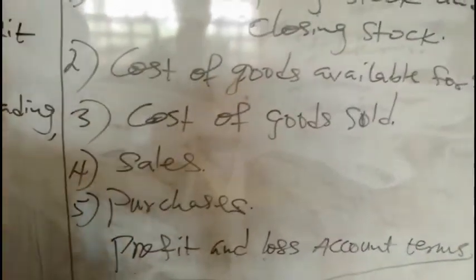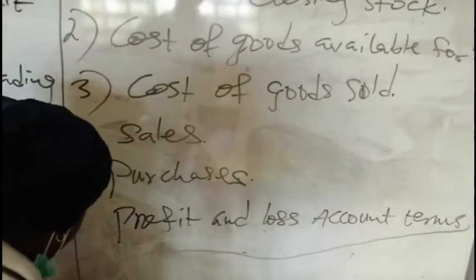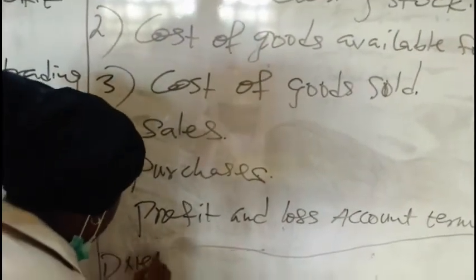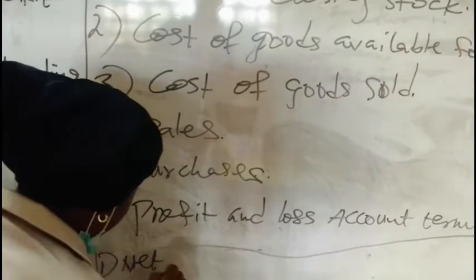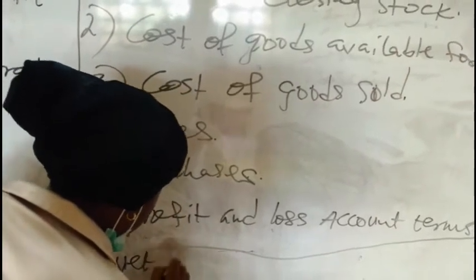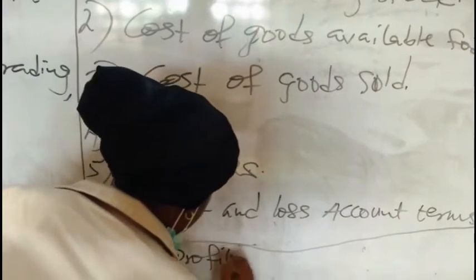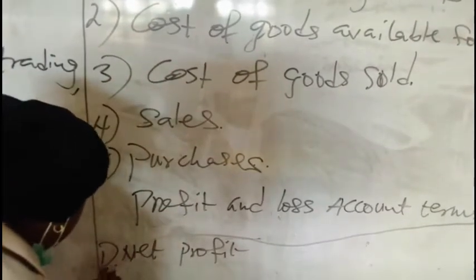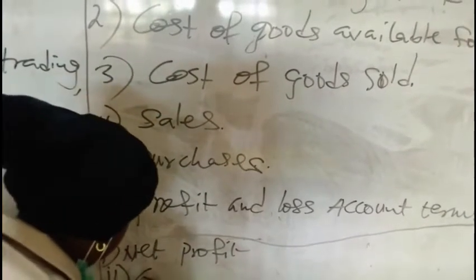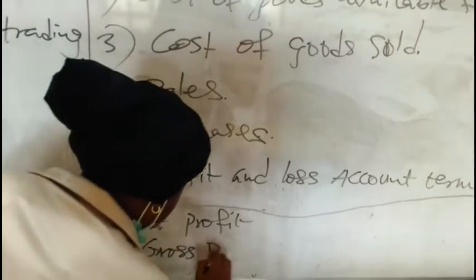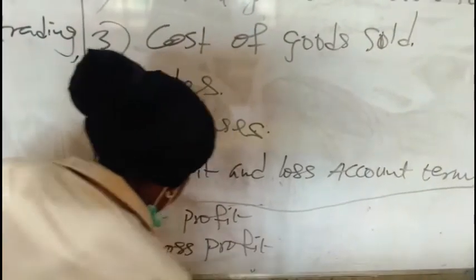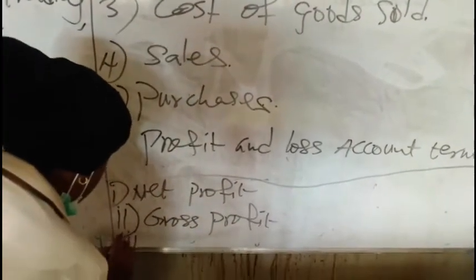Under the terms used in the profit and loss account, we have the net profit, the gross profit, and the expenses.